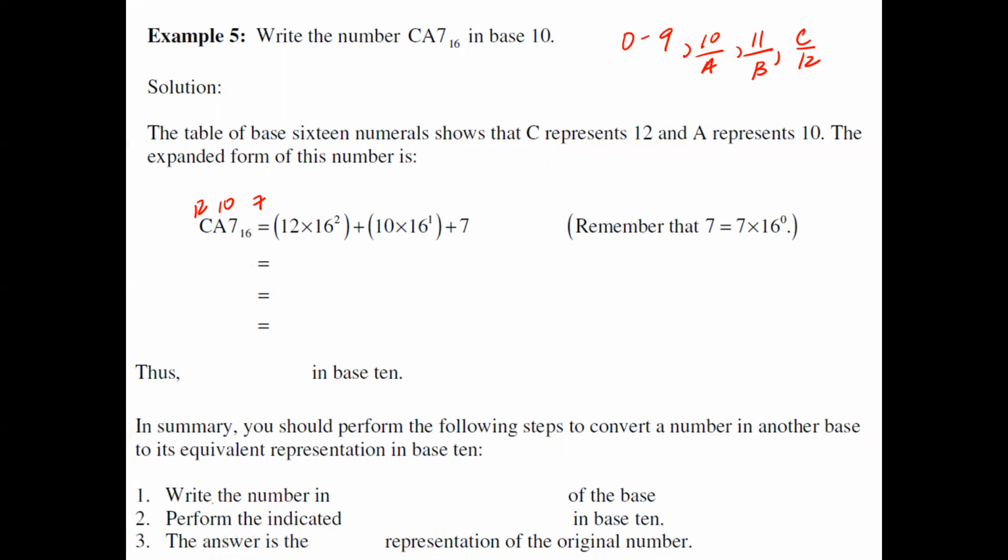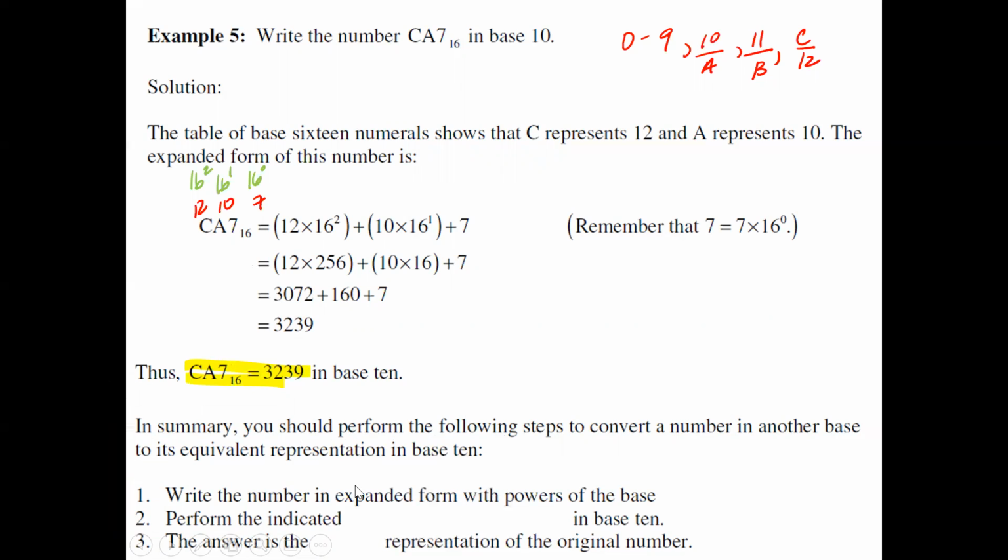Your base here is 16. So 16 to the 0, 16 to the 1, 16 squared. Multiply it out, add everything together, and your total here is 3,239. So in summary, you perform the following steps. You write the numbers in expanded form, you perform the indicated multiplication and addition, and the answer is in the form of base 10.